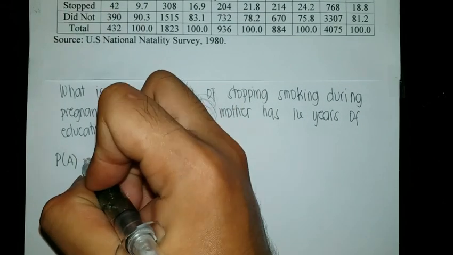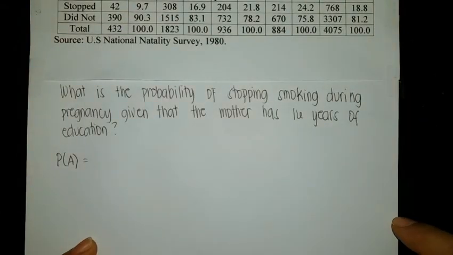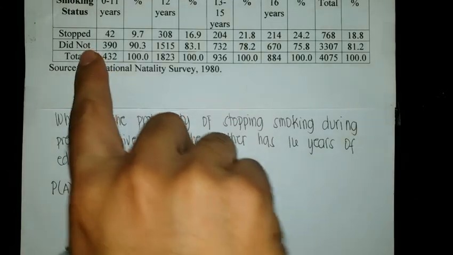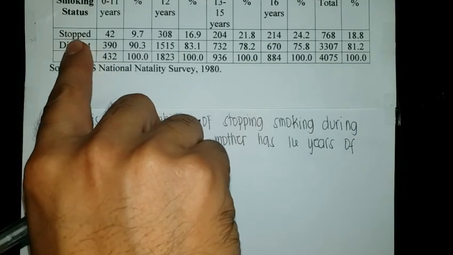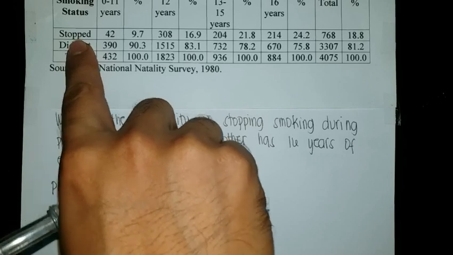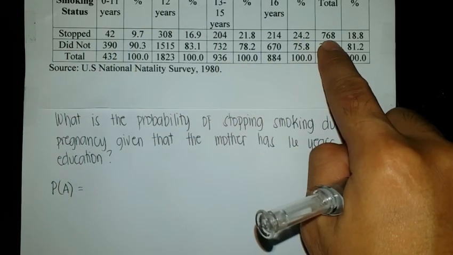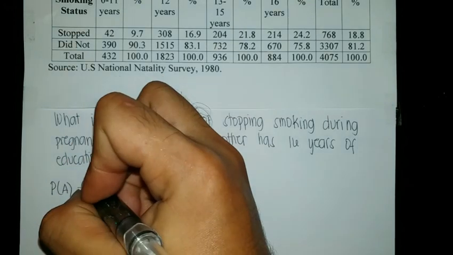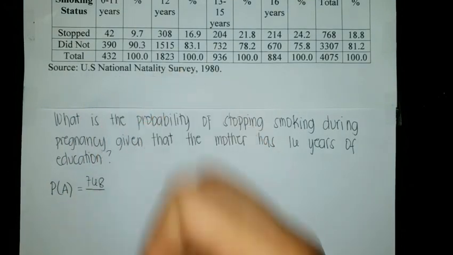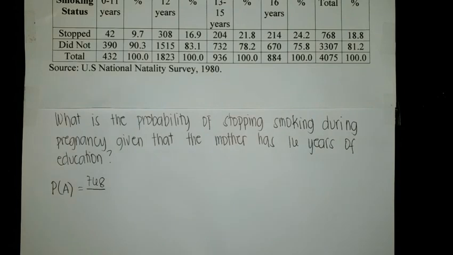Since A is the event of stopping smoking during pregnancy, as we can see on this portion of the table, we have here the stop. So, the favorable outcomes under stop will be 768. So, that will be 768 divided by the total possible outcomes.